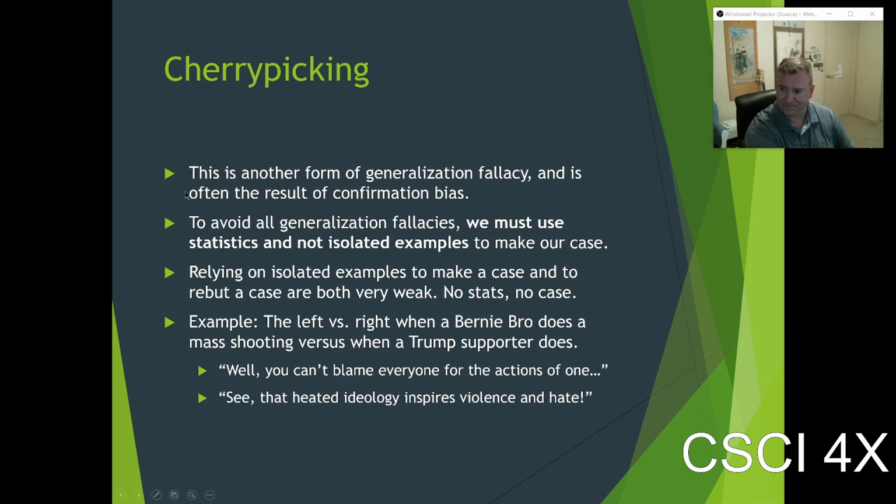So in general, what you need to do as an individual to avoid these generalization fallacies is you need to look at the stats. Stats are the solution to the problem. Okay? So if you can get stats on the QAnon people, what they believe, what their goals were in the January 6th riots, then you can make a statement.